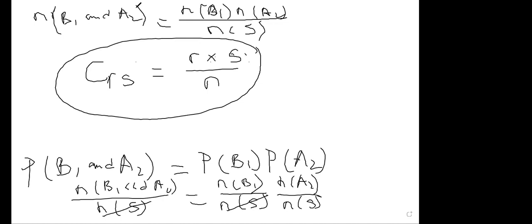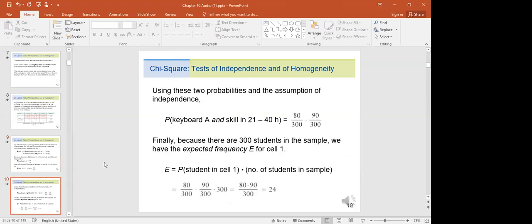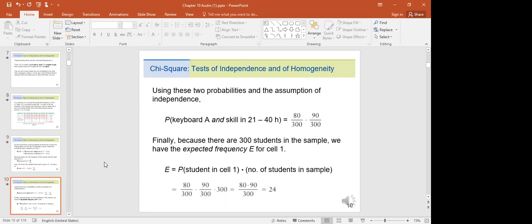Let's go back to the PowerPoint and try one of the values. We will be looking at keyboard A and scale between 21 and 40, the first cell.